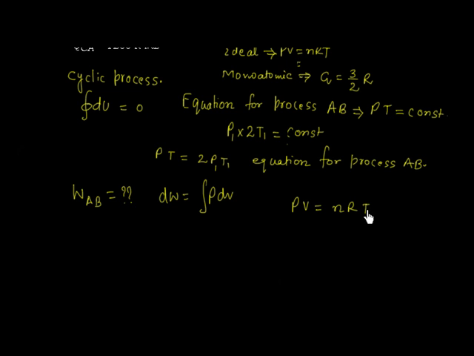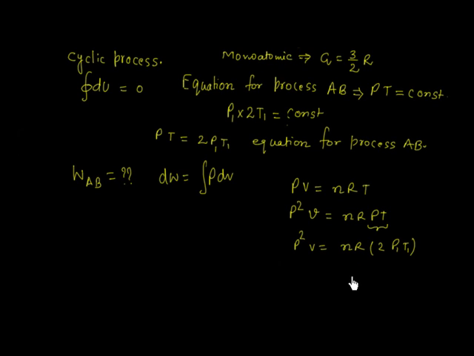So I have to utilize the process equation, PT equals constant. Why not multiply both sides by P? If we multiply the ideal gas equation on both sides by P, we get P into PV equals P into nRT, and PT is constant, with the constant being 2P1 T1. That is given. So we will have P square V equals 2 P1 T1 and nR.